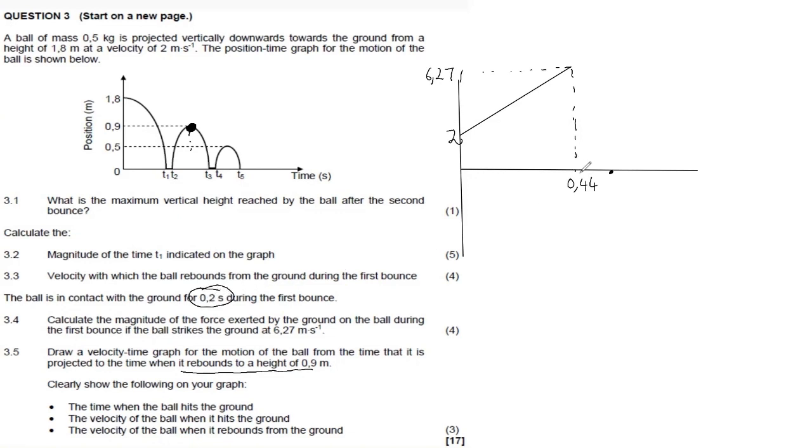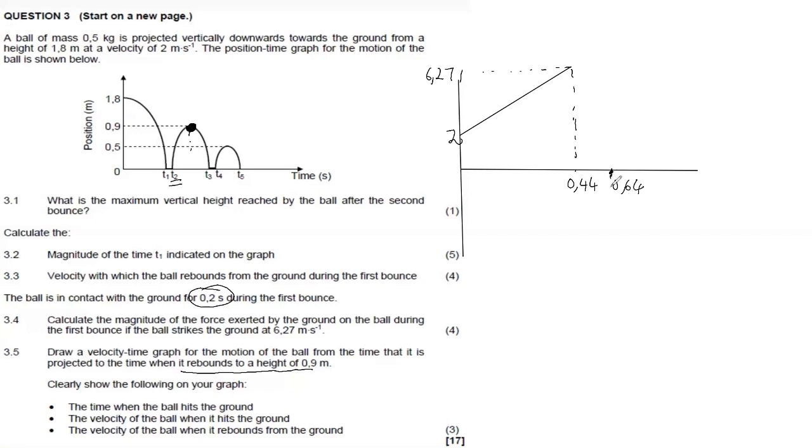So that means the ball does not leave immediately after it hits the ground, but stays on the ground for 0.2 seconds, meaning it leaves the ground at time 0.64, right? Because it stayed on the ground for 0.2 seconds. So this is time t2. The 0.64 is time t2.